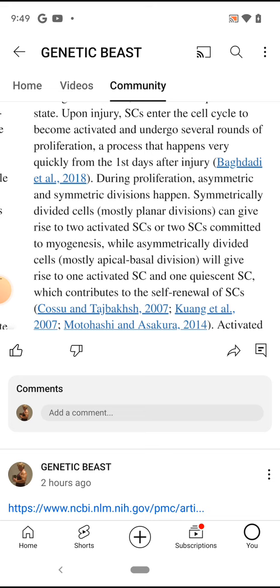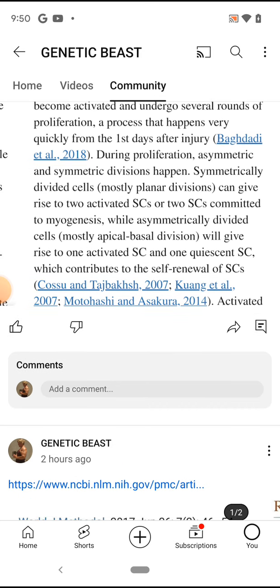Symmetrically divided cells, mostly planar divisions, can give rise to two activated SCs or two SCs concomitant to myogenesis, whilst asymmetrically divided cells, mostly apical-basal divisions, give rise to one activated SC and one quiescent SC, which contributes to self-renewal of SCs.